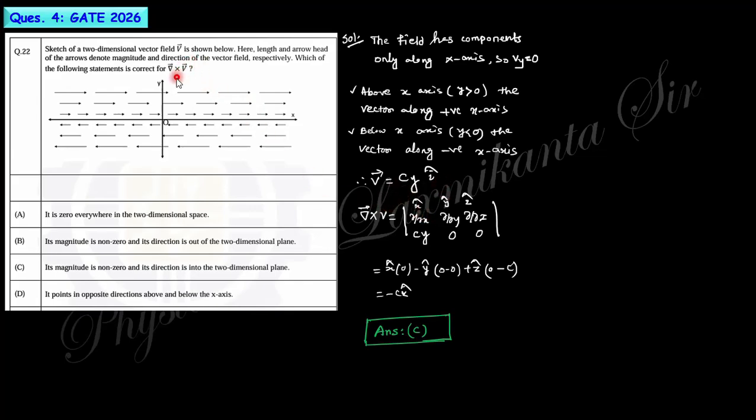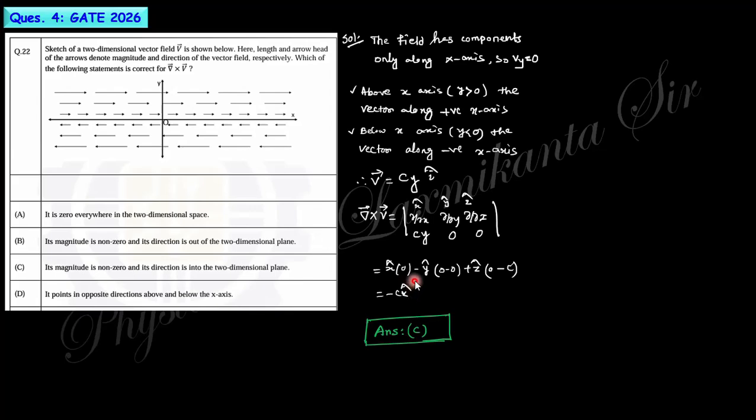Now you take the cross product of this v vector, with del x, del y, del z, and this is c y, 0, 0. So the x cap component is 0, the y cap component is 0, and the z cap component is minus c k cap.